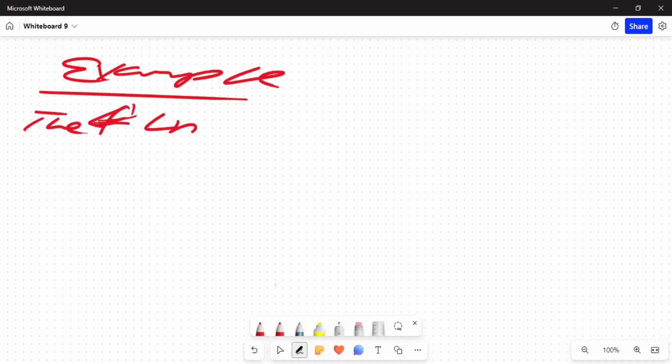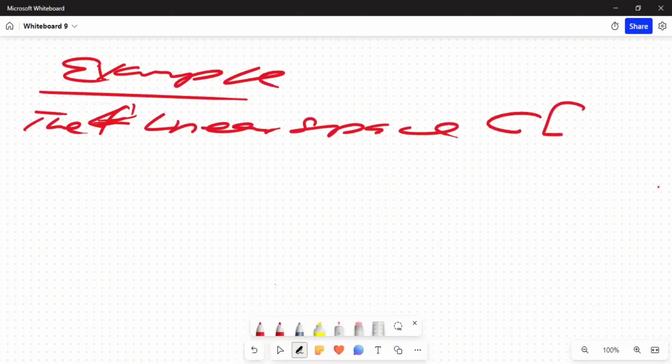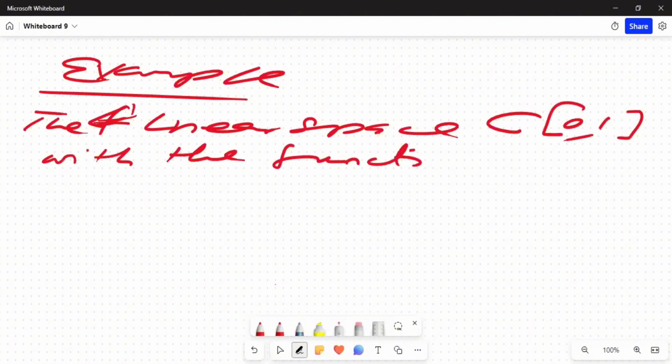Take the linear space C, the space of continuous functions defined on the closed and bounded interval [0,1], with the inner product.